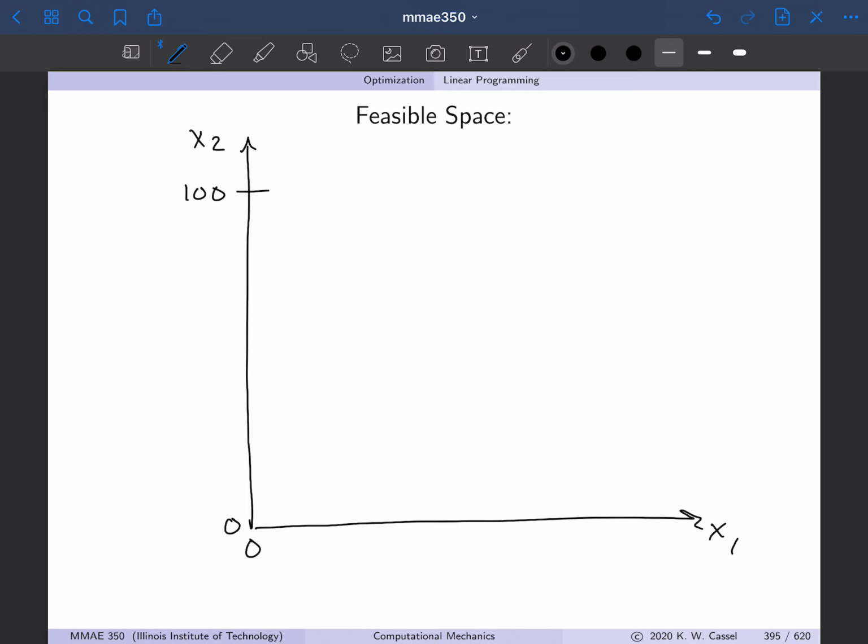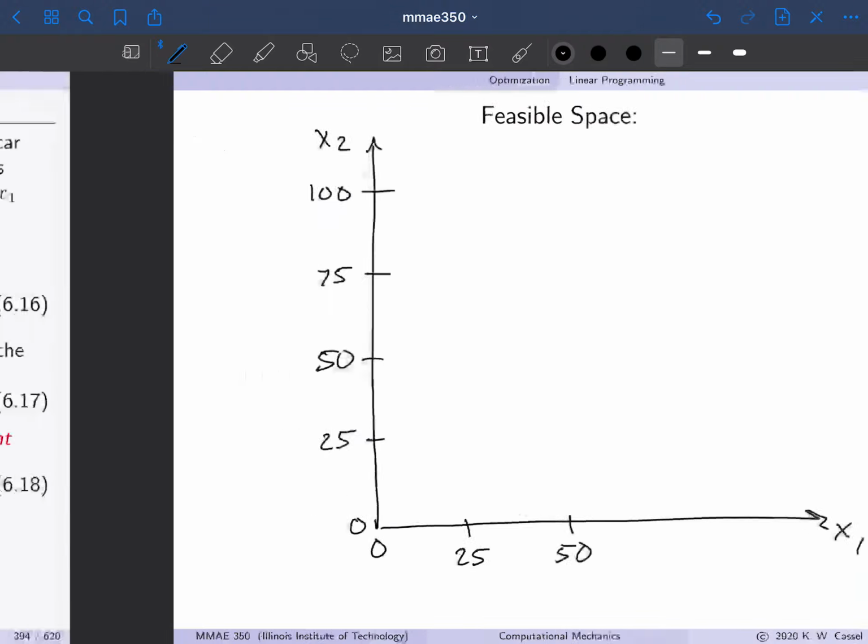So let's make this 100, and halfway between will be 50, and then halfway between those will be 75 and 25. All right, so like I said, we'll try to get this to scale. So then we have 25 and 50. So that's all we need.